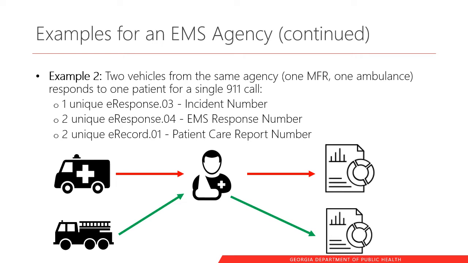If the engine got there first and worked on the patient, their report will be based on their level of involvement and what they did, and they will note that they transferred care over to the ambulance. The ambulance patient care report will include everything that was done prior to their arrival, and then everything else they did for the patient. So that's example number 2.